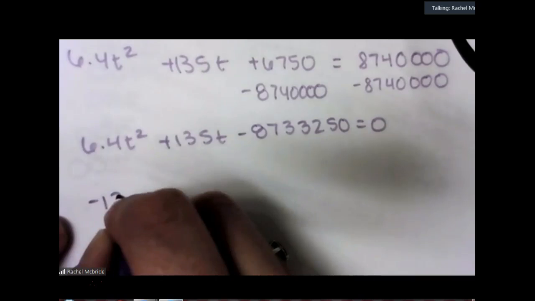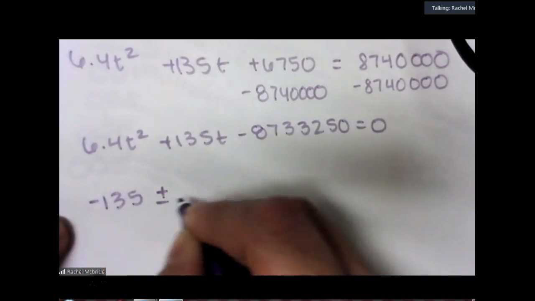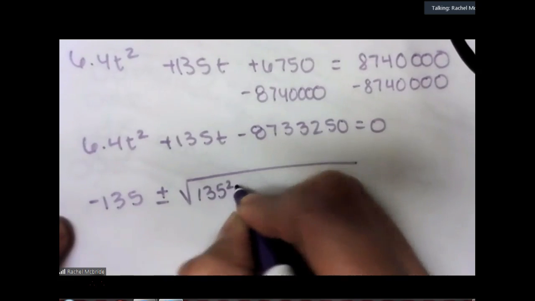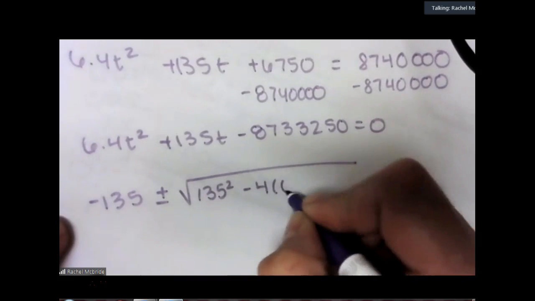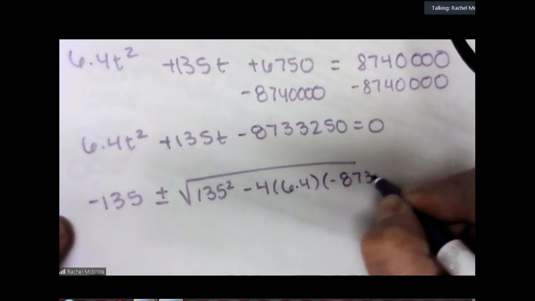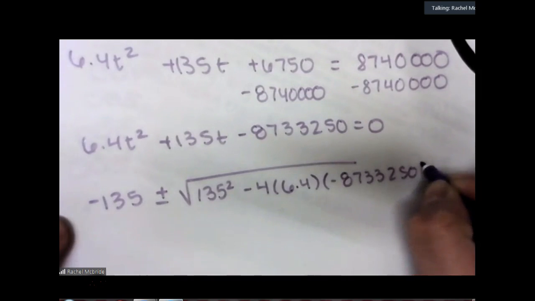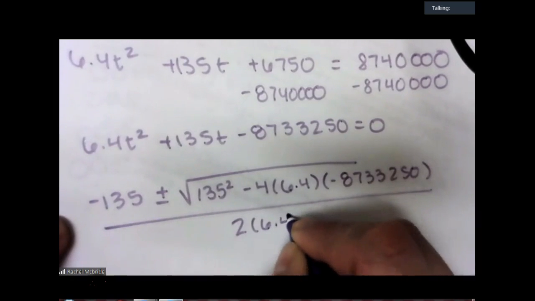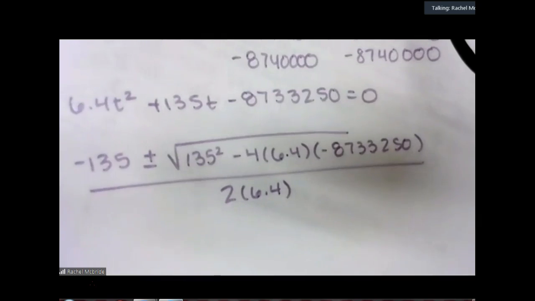So negative b plus or minus the square root of b squared minus 4 times a times c, all over 2a.